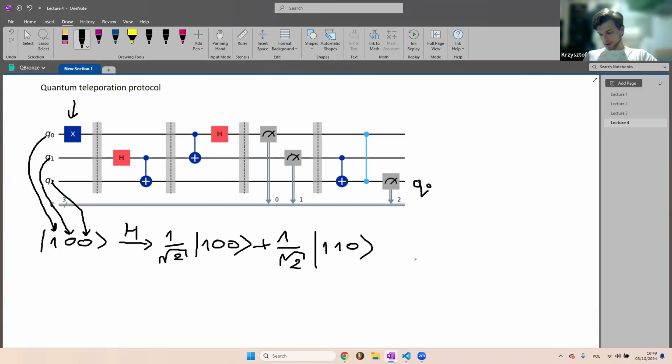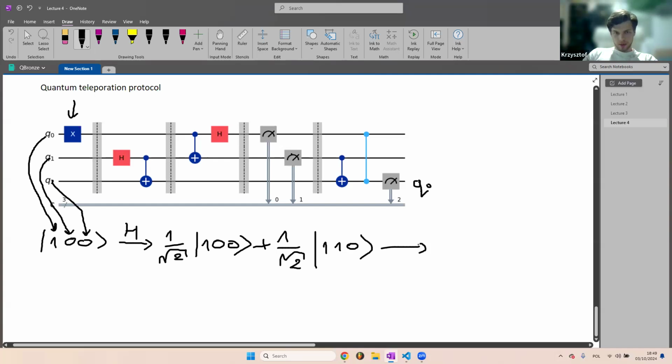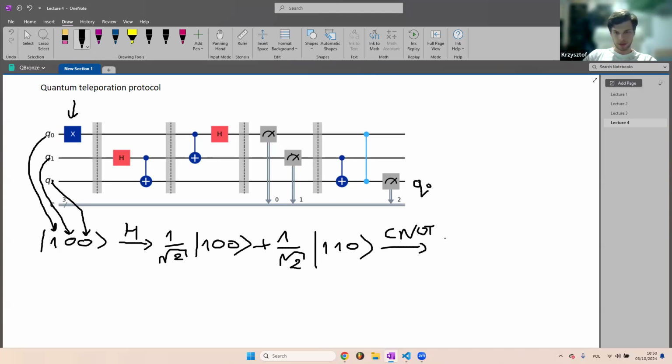I'll open my notes regarding this quantum teleportation. After that, we apply a CNOT gate with the first qubit as the control and the second qubit as the target qubit.